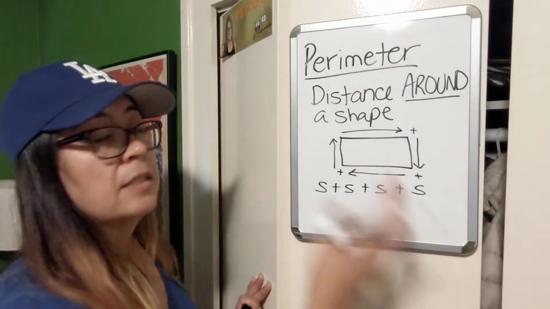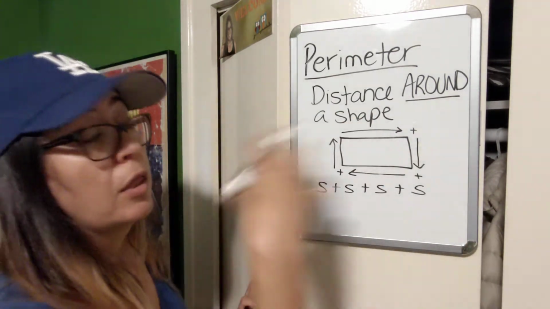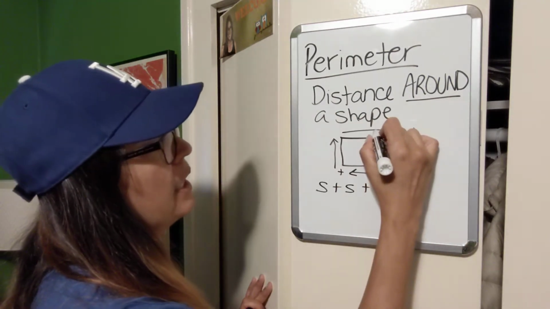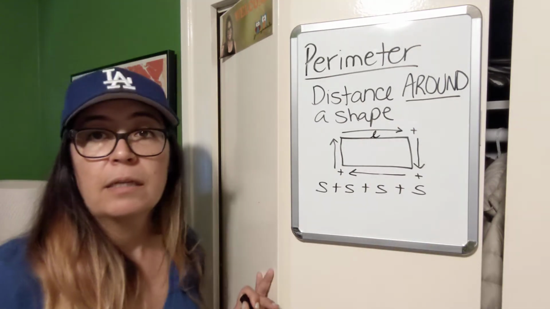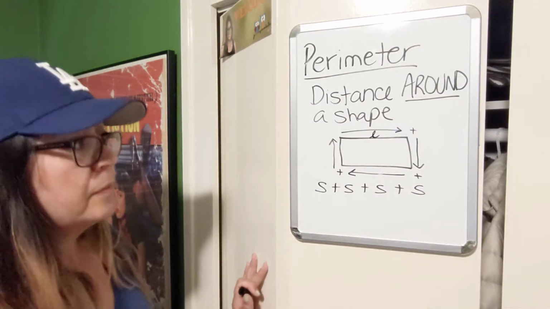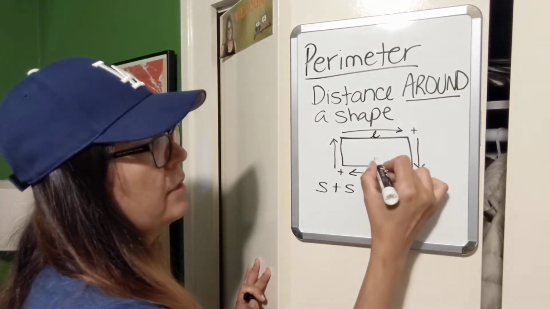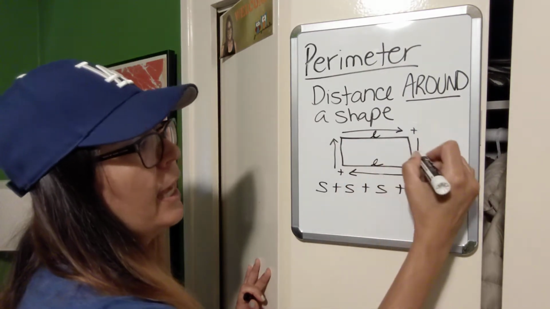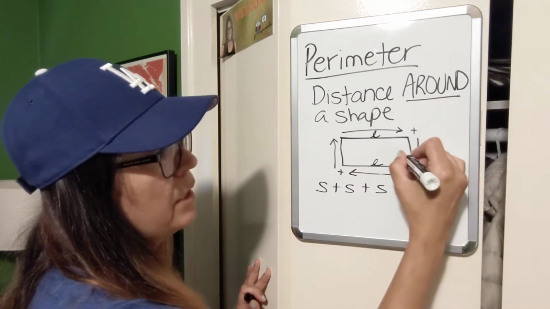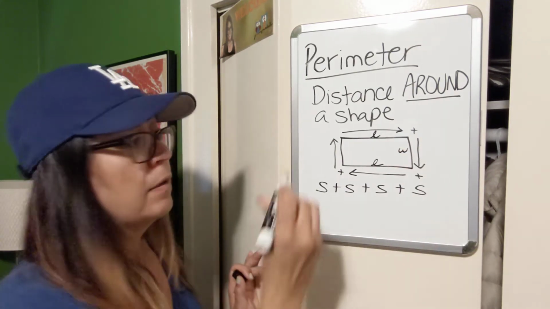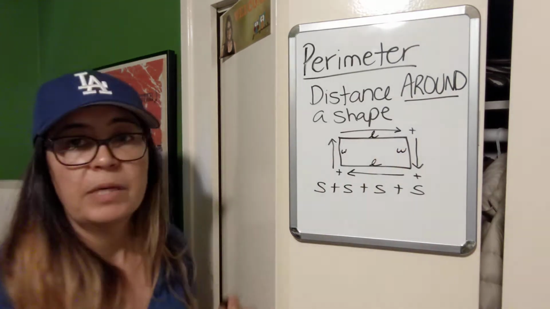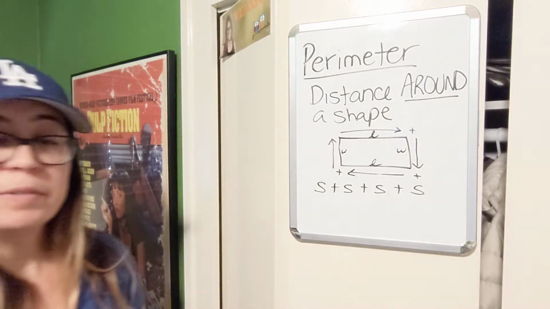So length is the measurement of usually the longer side of a shape. So let's say I'm gonna make like a cursive L, okay? So length would be the longer side, so that means this is also length, and this side right here would be the width, okay? And this would also be the width because it's the other side, opposite side.